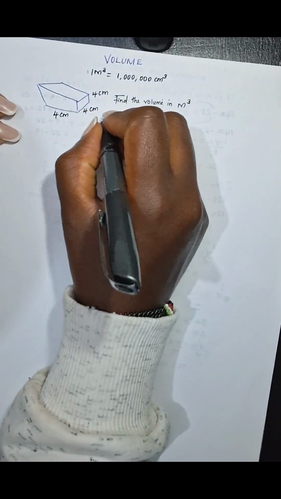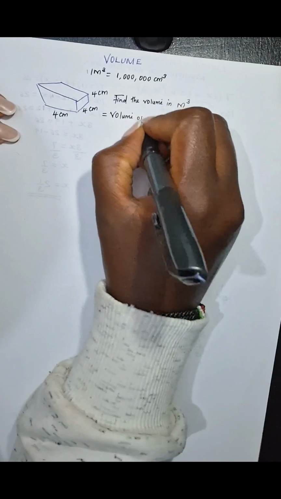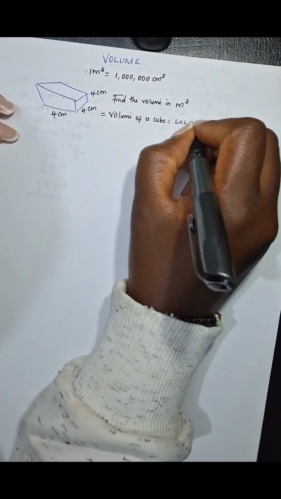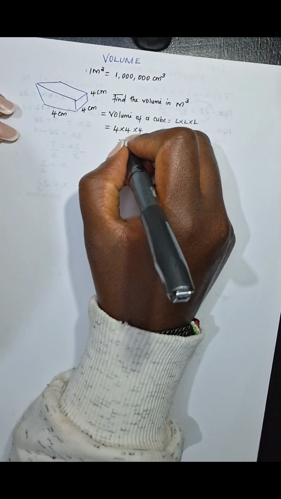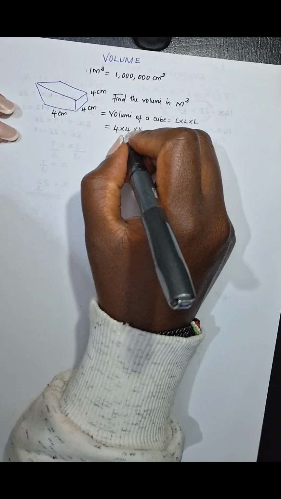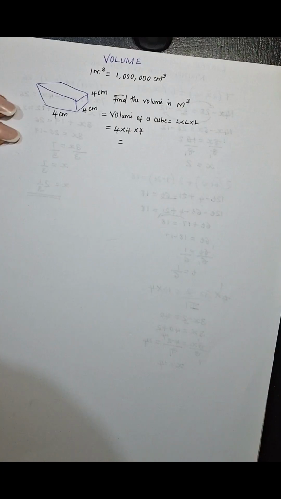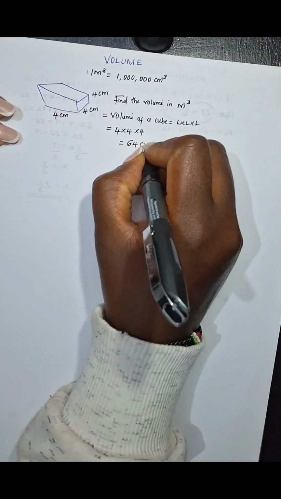Okay, so number one, the volume of a cube is length times length times length. Okay, so you just take 4 times 4 times 4 to give you, is it 48? What is 16 times 4? 16 times 4 equals 64 centimeters cubic.